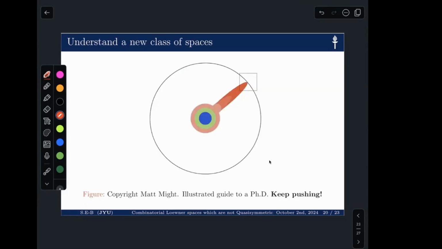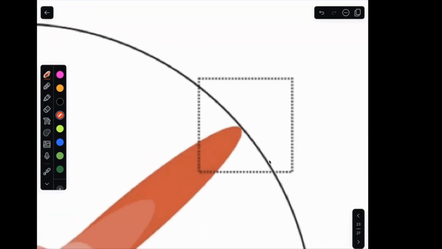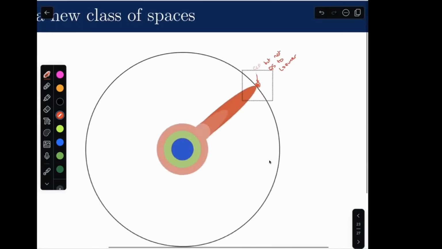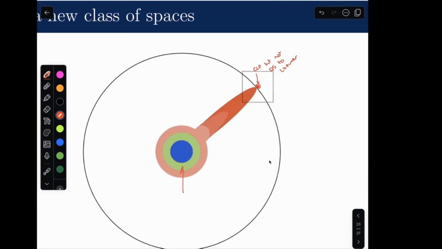But there's this beautiful picture that many have seen from Matt Might about the illustrated guide to a PhD. What we've actually shown is that there's this tiny little dent of spaces that are CLP but not QS to Loewner. Previously I showed that we understood a small class of spaces.